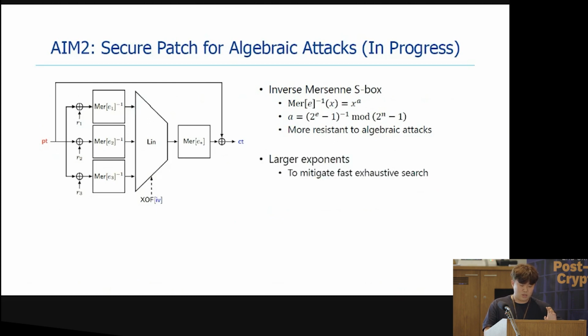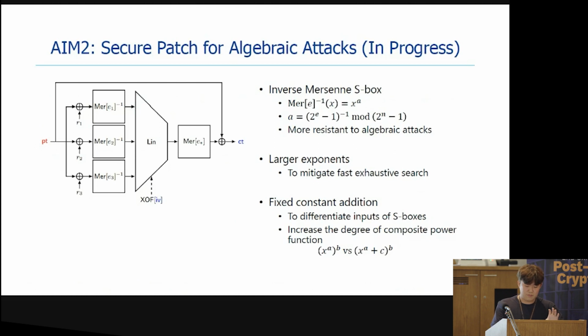And we will use larger exponents called E1, E2, E3 to mitigate the fast exhaustive search, because fast exhaustive search is based on the low degree representation of the AIM.